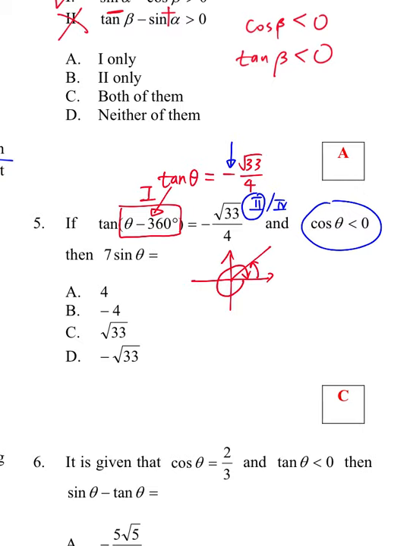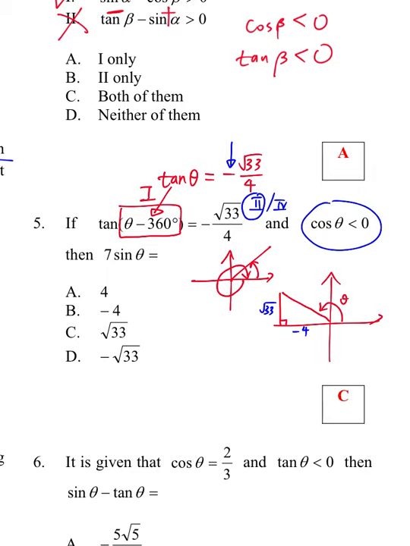So now we draw the triangle in quadrant 2. So theta, and draw the corresponding right-angled triangle. It will be positive square root of 33 for the vertical distance and negative 4 for the horizontal distance.